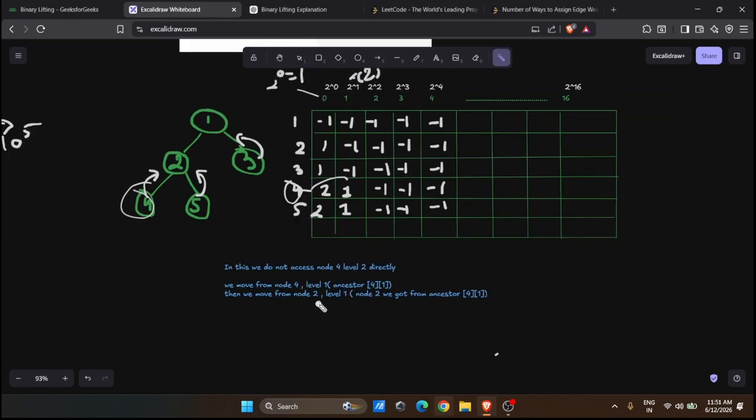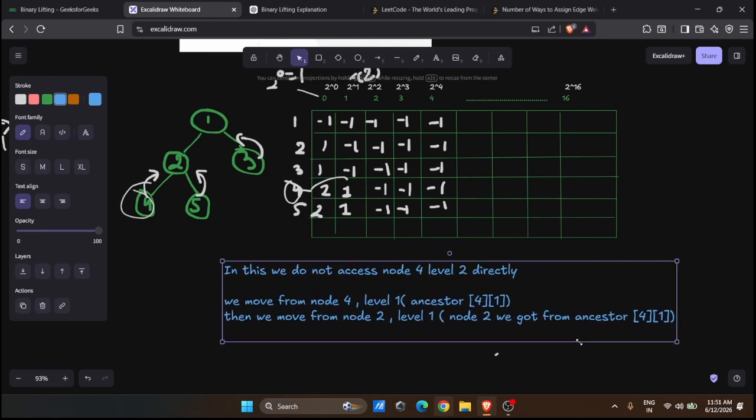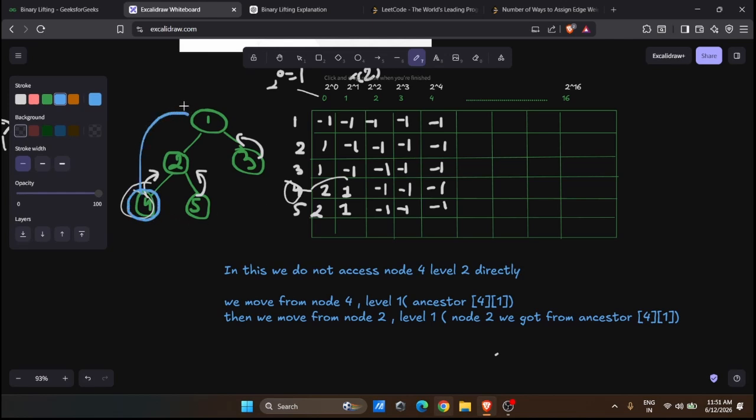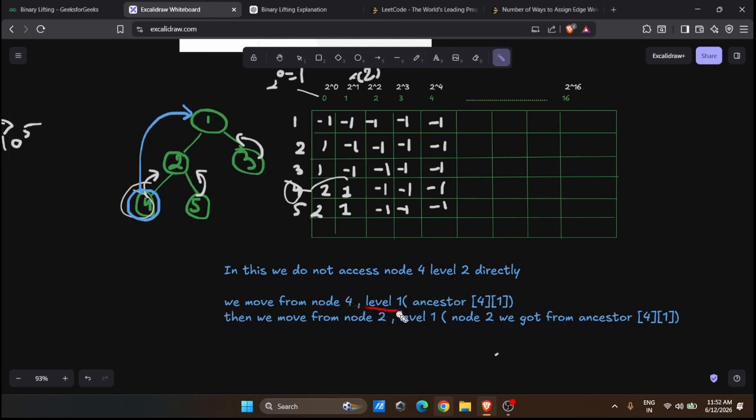One thing at the end I want to tell you is that we do not access node 4 at level 2 directly. I mean to say that from 4 I do not jump directly to this level. For that I move from node 4 to its level 1, which is 2.